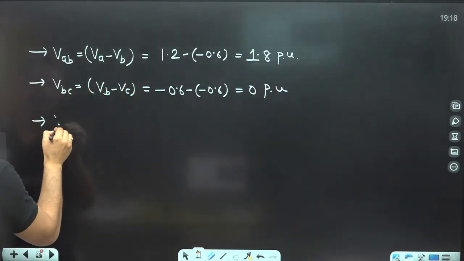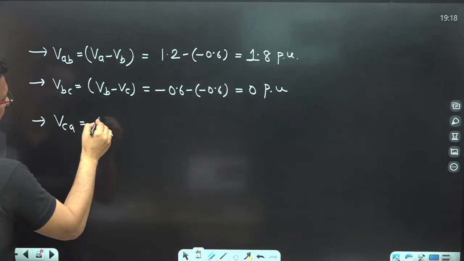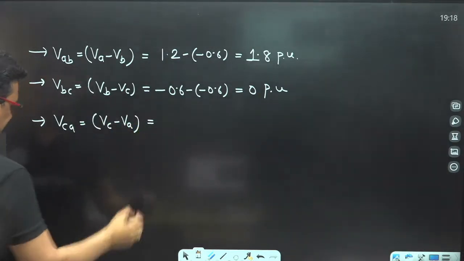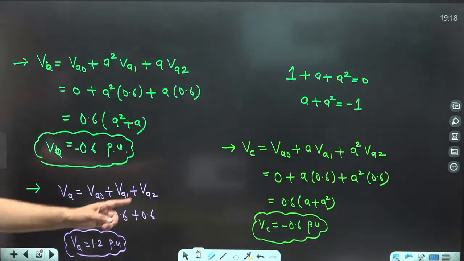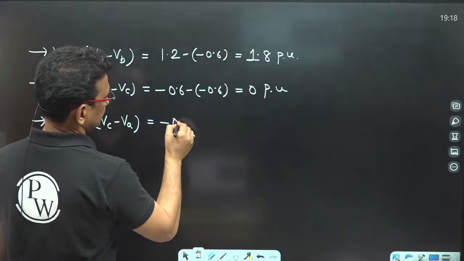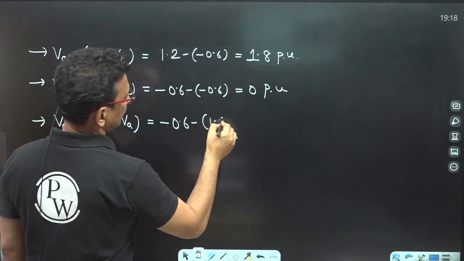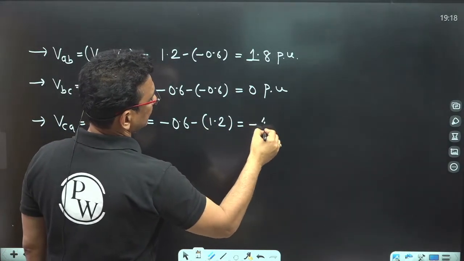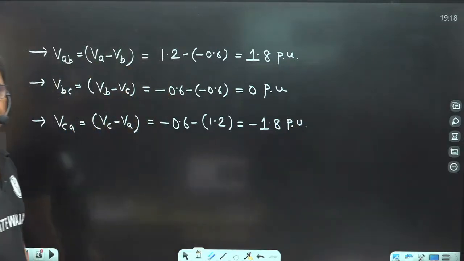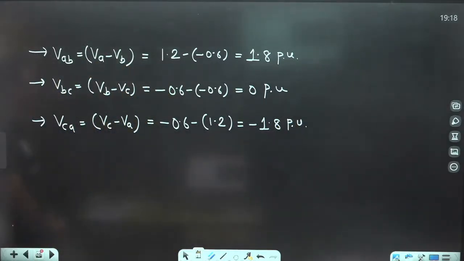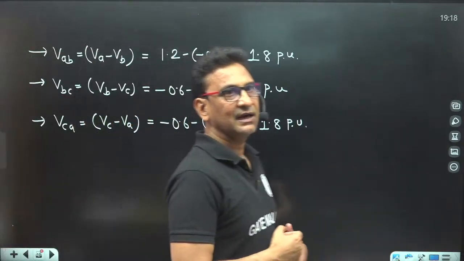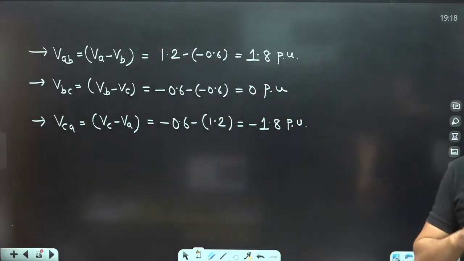Then VCA is VC minus VA, minus 0.6 minus 1.2. That is minus 1.8 pu. Clear? So in this way we have got the values of line voltages in terms of pu.